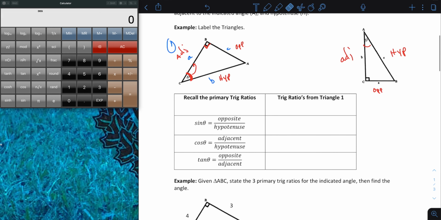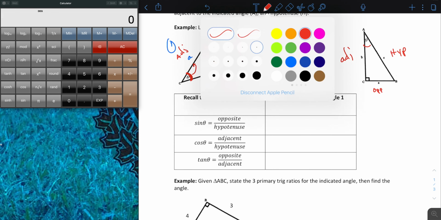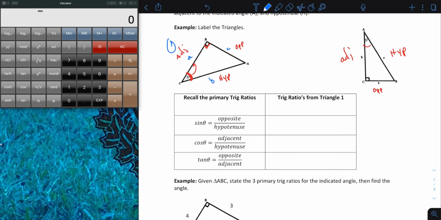If you recall, we have this nifty little saying, and I'll write it here: SOH CAH TOA. You should have done this at some point, I'd imagine. Sine is always opposite over hypotenuse.